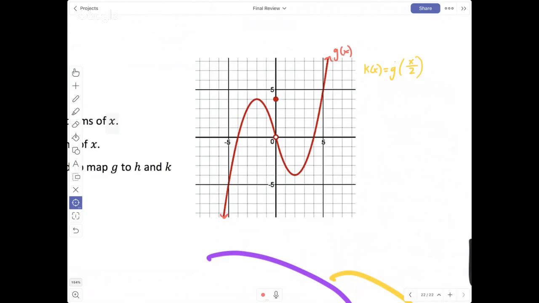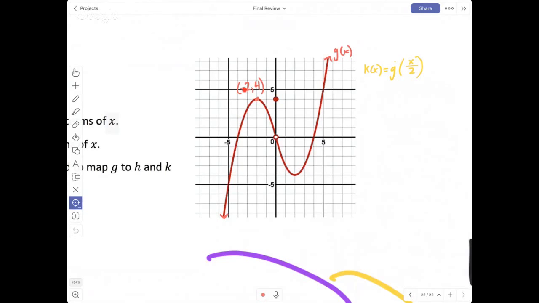Okay, so what that means is that for any x value, it would need to be twice as large to give the same output in g of x as it did in k of x. So I know here in g of x that -2 yields 4. Well, some x value is going to be plugged into k, get divided by 2, then input into g, and then it would be a point on k.